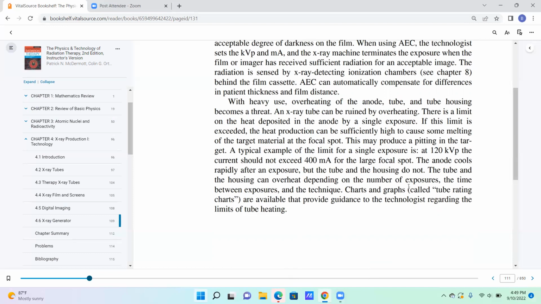So a typical example of a limit for a single exposure is at 120 kVp. The current should not exceed 400 mA for a large focal spot. The anode, the tube, and the housing can overheat depending on the number of exposures, time between them, and the technique.